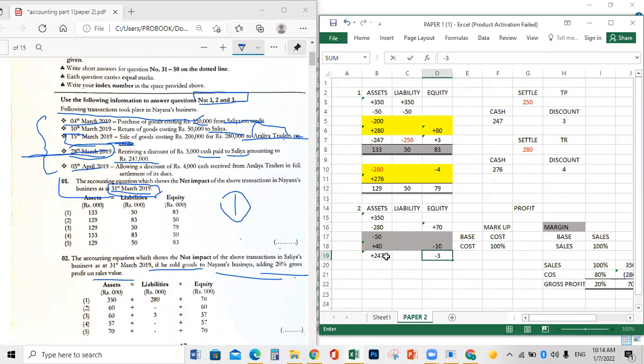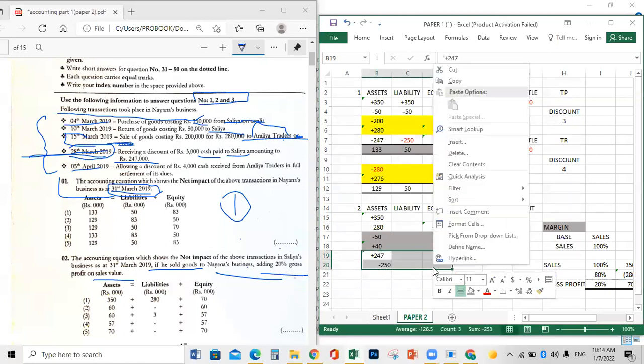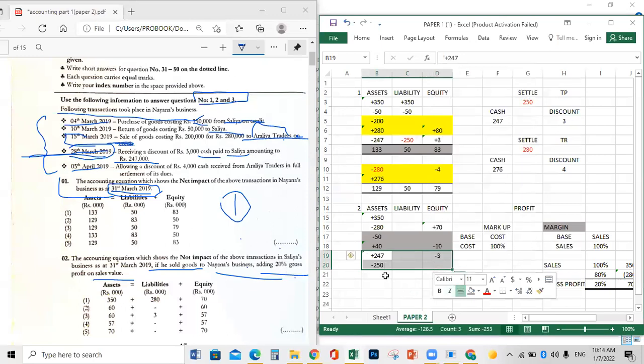Nayana is totally settling 250,000. Guys, for you, is Nayana a trade receivable or trade payable? Trade receivable, because you sold goods to Nayana. Because of that, your asset reduces by the settled amount.